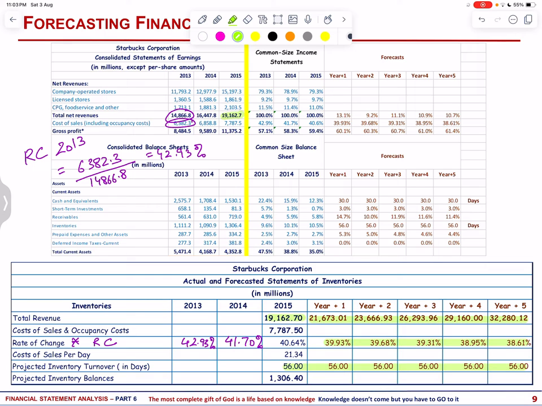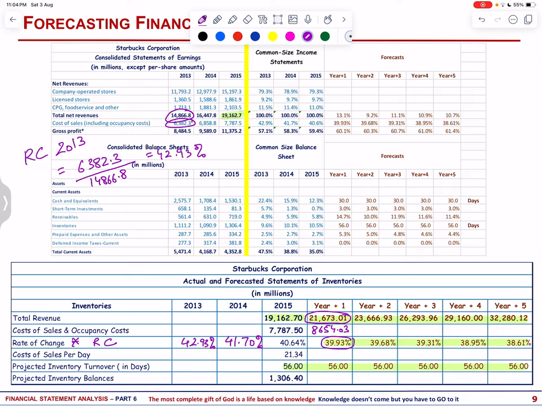Then from this we are going to calculate the cost of sales and occupancy cost, and this is going to be 39.93% of 21673.01, and that is going to be equal to 8654.03.